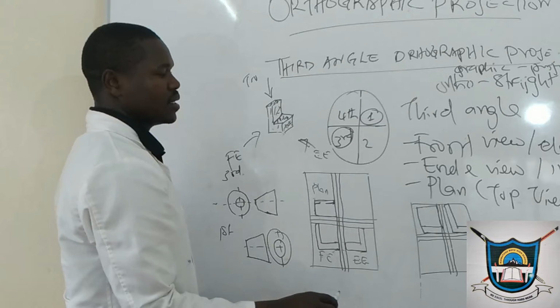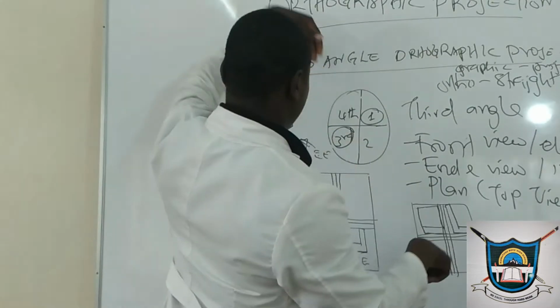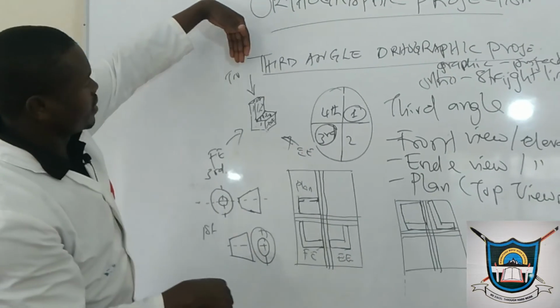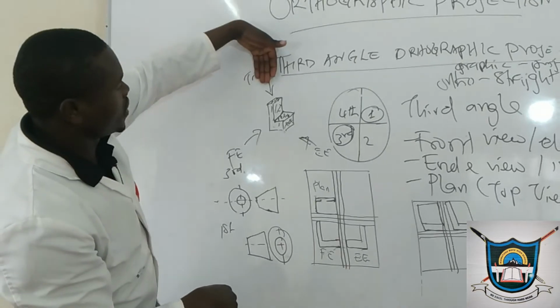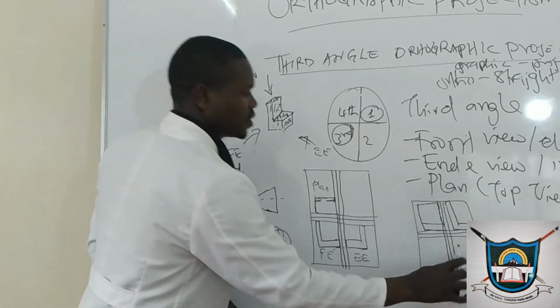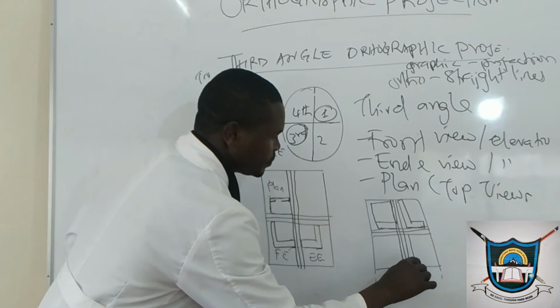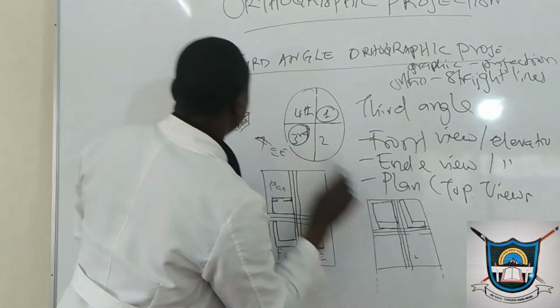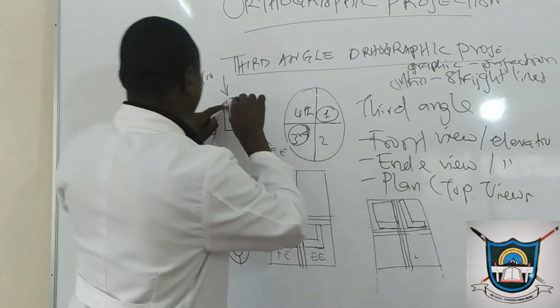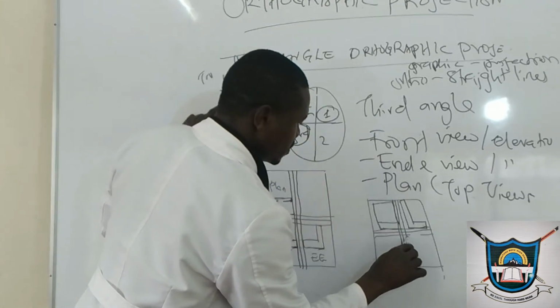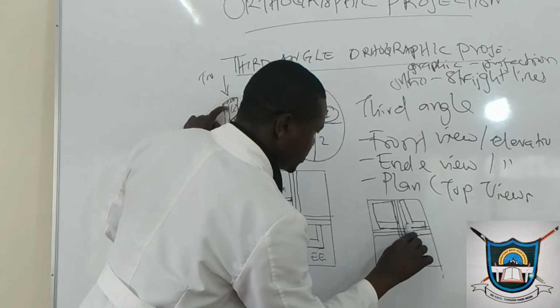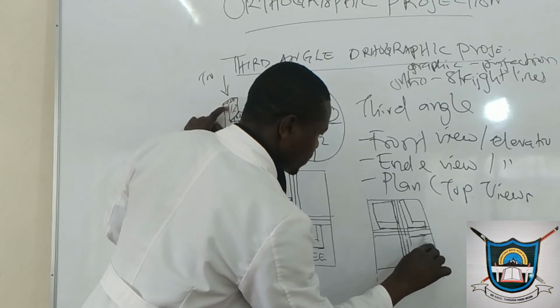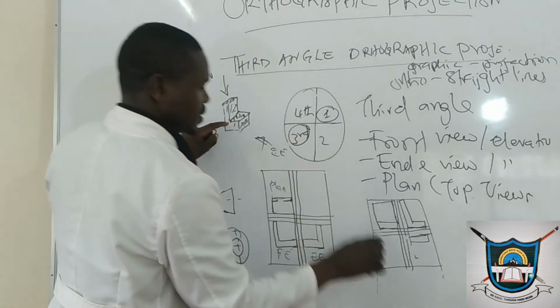The plan is directly from the front. Remember again, you see from the top, you draw it here. This is our front. Again, we project downwards. I see this shape here, and it must align with this. And I see this.